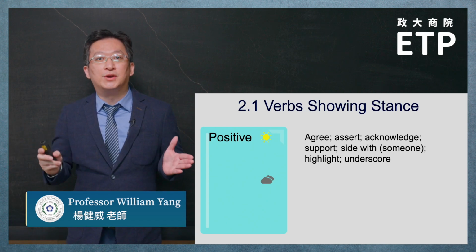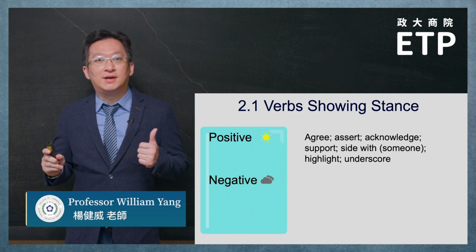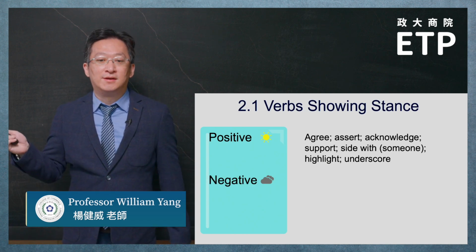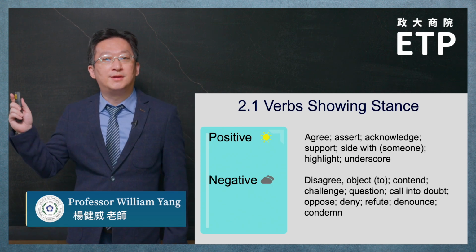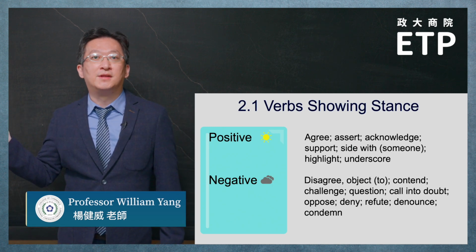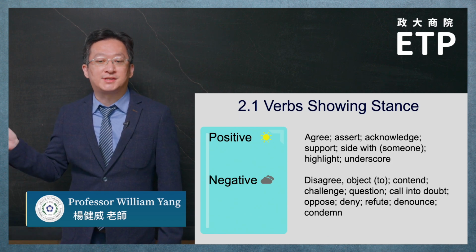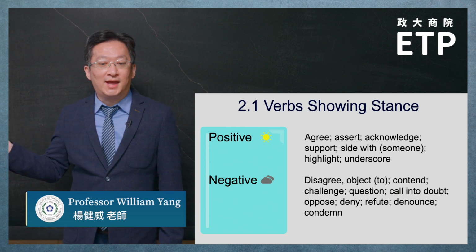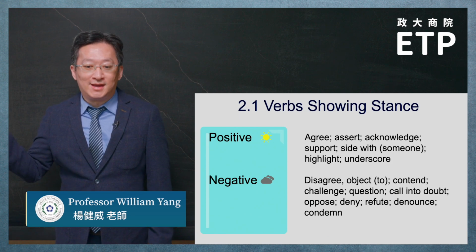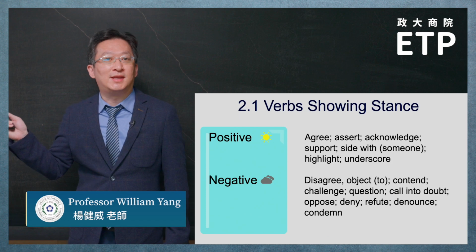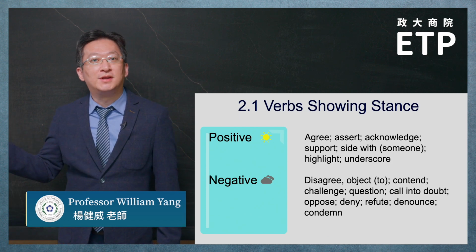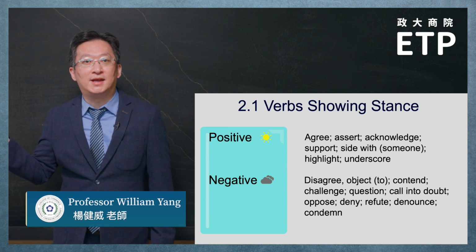But sometimes we use reporting verbs that show a negative stance. For example, the speaker or the author disagrees with an idea, or they object to, contend, challenge, question, call into doubt, oppose, deny, refute, denounce, and condemn.